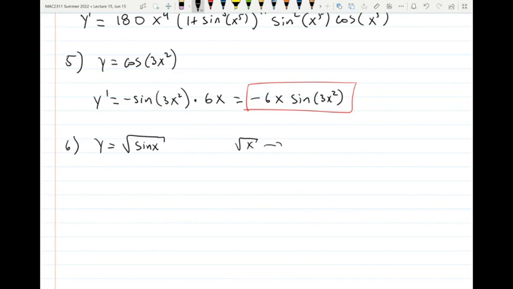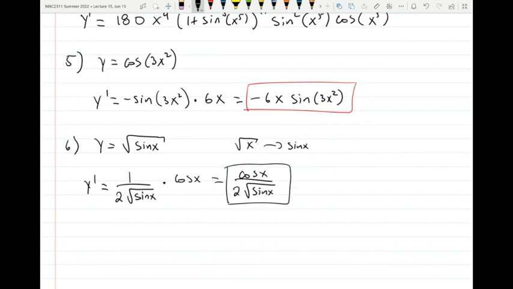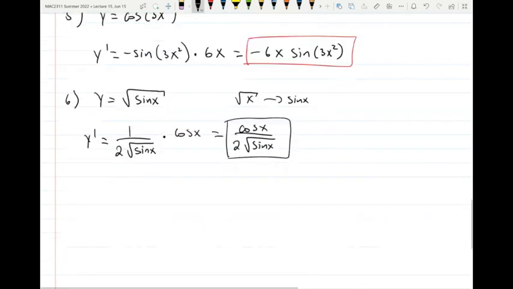Anyways, here we identify this composition, so we can go right away. So the derivative of the outside is 1 over 2 square root, but we have to plug in, so 1 over 2 square root of sine, times the derivative of the inside, cosine. So we get cosine over 2 times the square root of sine. Okay, good.